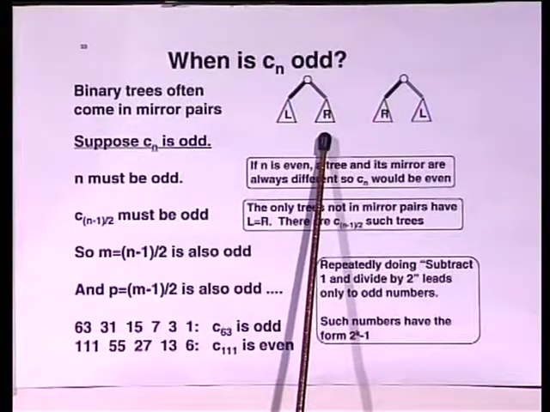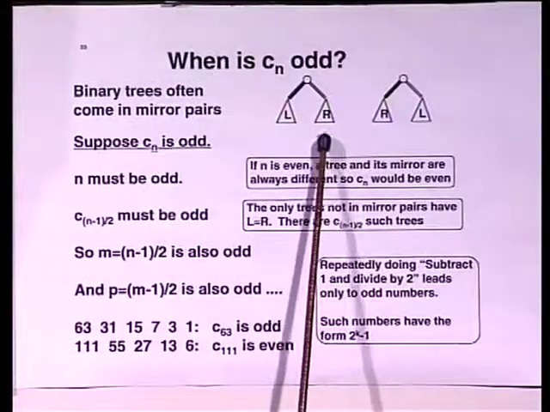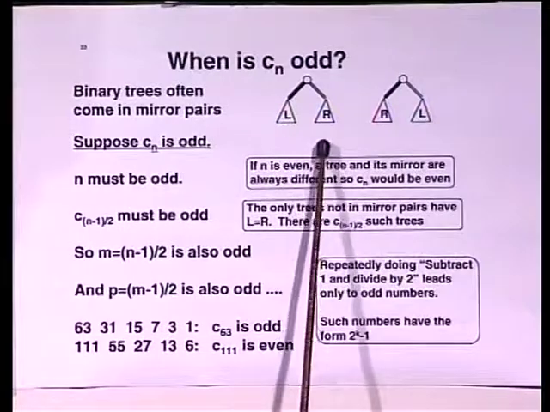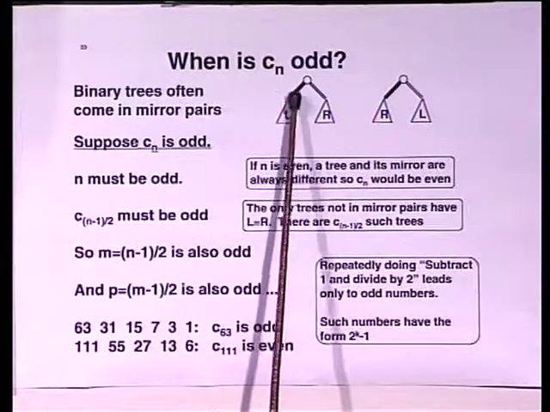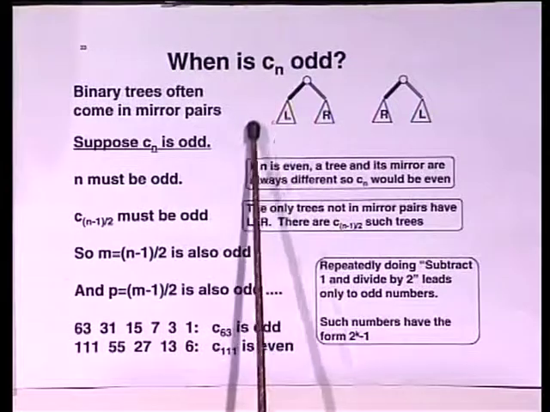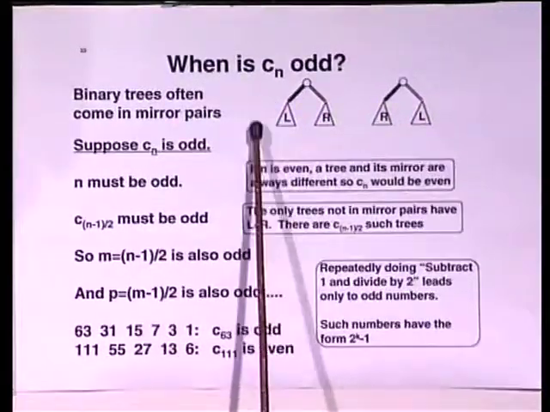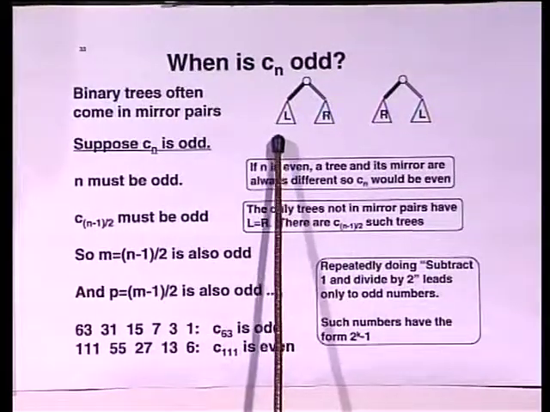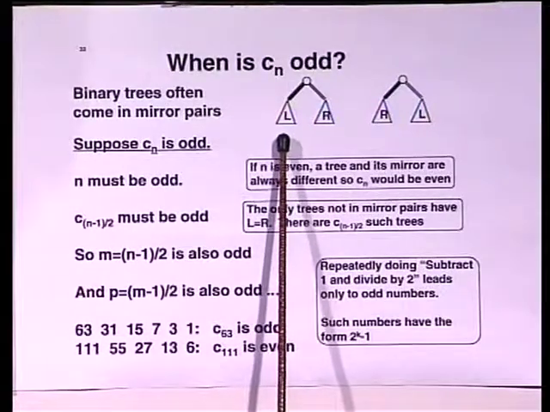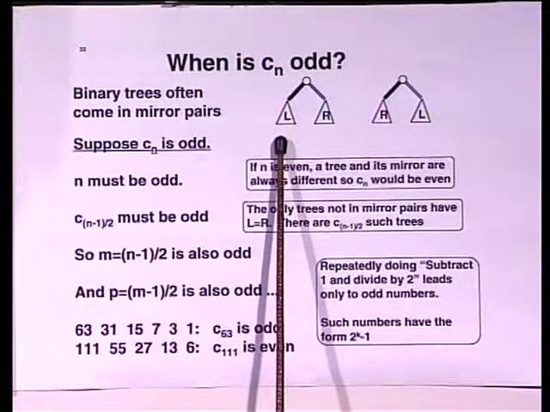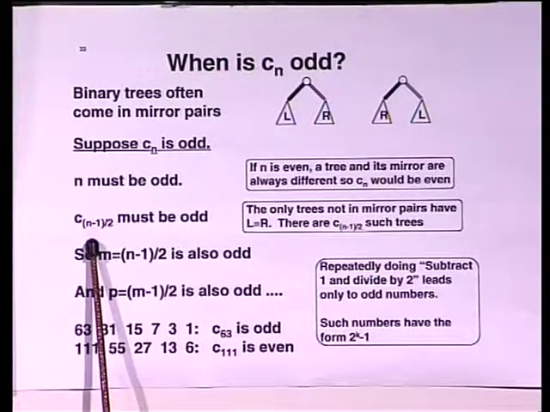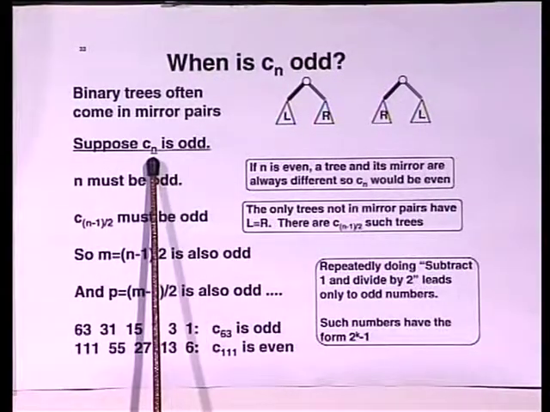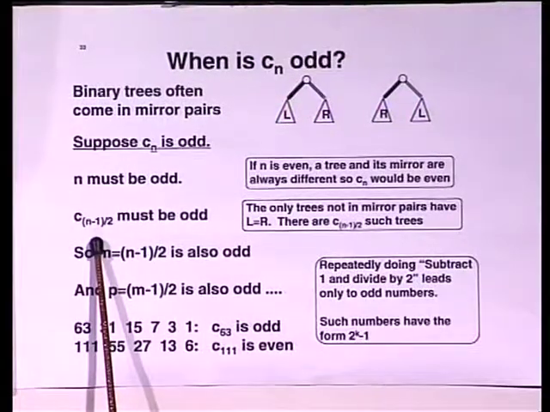So we can forget about all of those in investigating oddness. The only thing that matters are the trees which do have L equal to R. And how many of those are there? Well, that's just a matter of how many trees we can put in this part of the diagram. So that would be a tree with 1/2 of n minus 1 nodes, and the number of such trees is this Catalan number. So if this Catalan number is odd, so must that be.